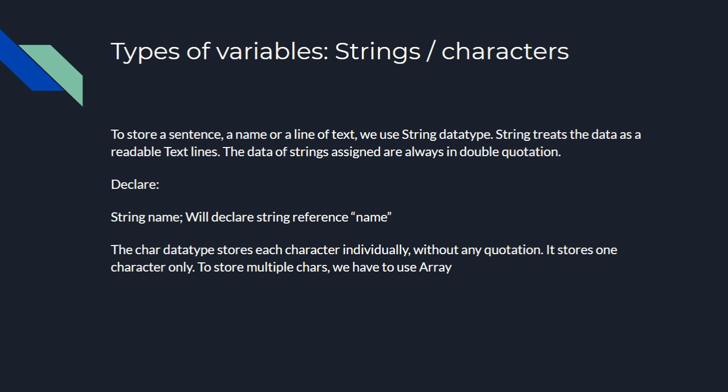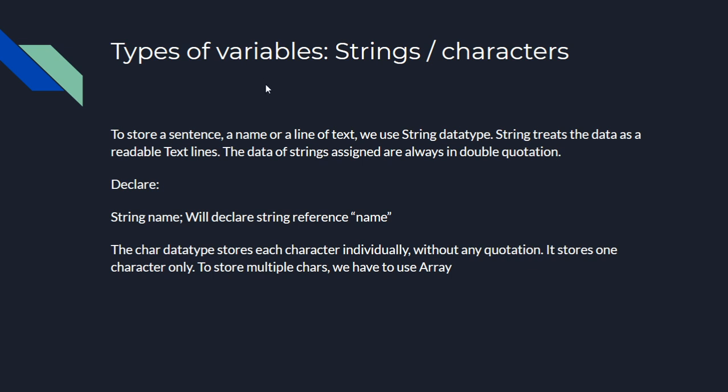You cannot do it with float, bool, or even double. So there is another data type called string. The string data type stores a line of text that can be read by normal human beings, that is in the language of English. Usually English, you can store strings in various languages as well, but the main Unicode defines English only.